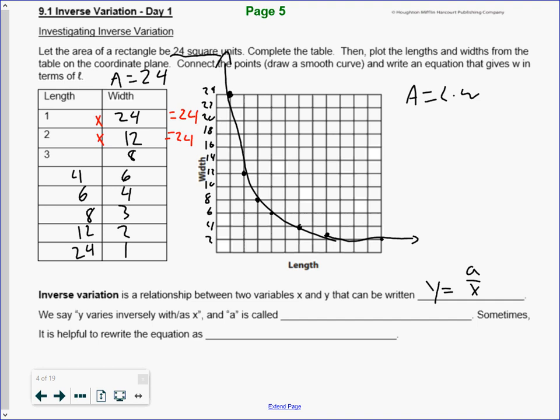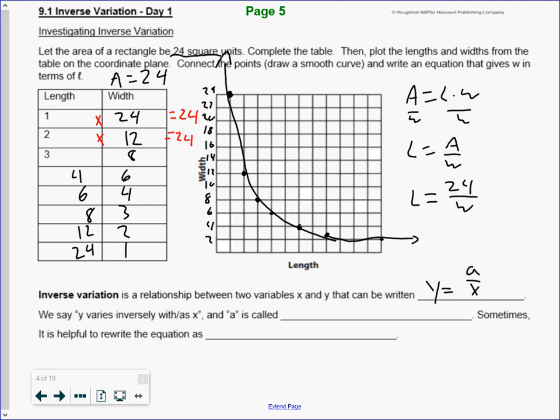Or I can rewrite this by dividing by w on both sides and say that length equals area all over the width, where the area is 24, so length equals 24 all over the width, right?